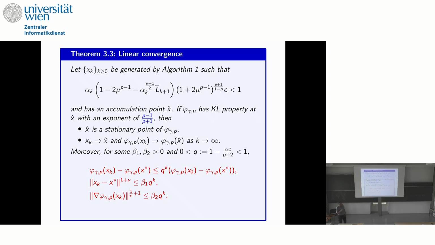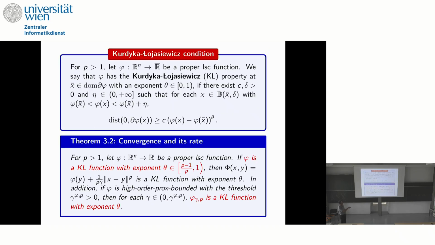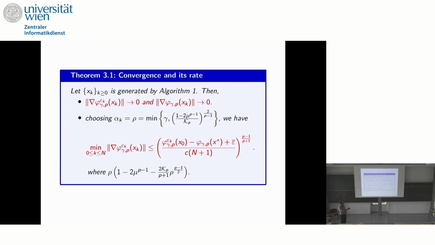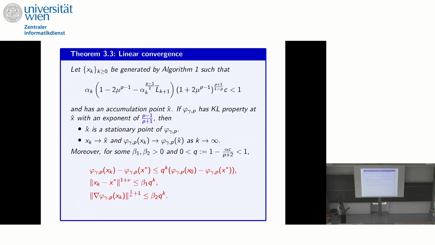Okay, so if I have that, I want to see if there is any possibility to get a linear convergence. But unfortunately, I cannot prove the linear convergence with this restriction, because this is too big compared to what I have here.